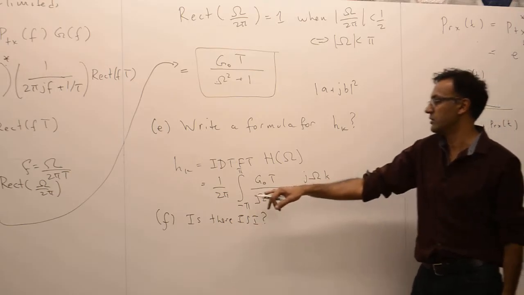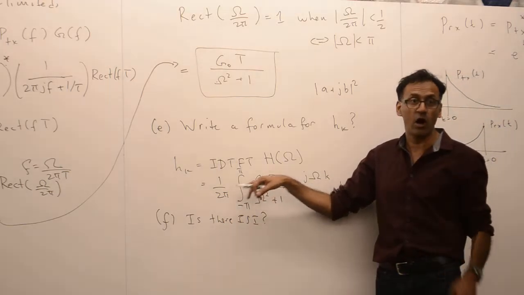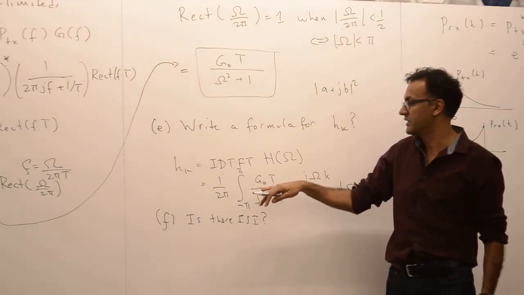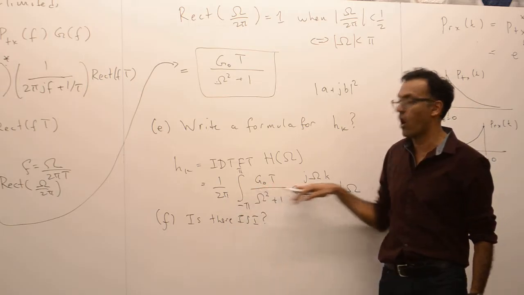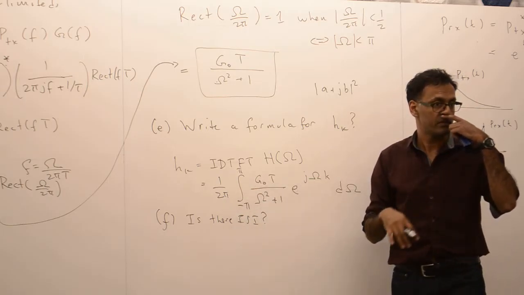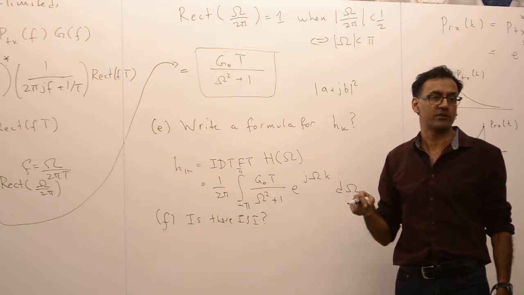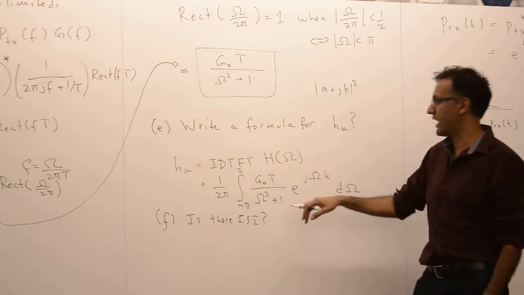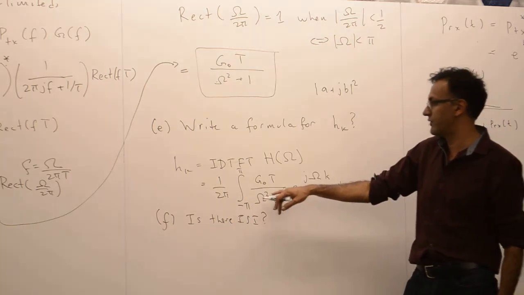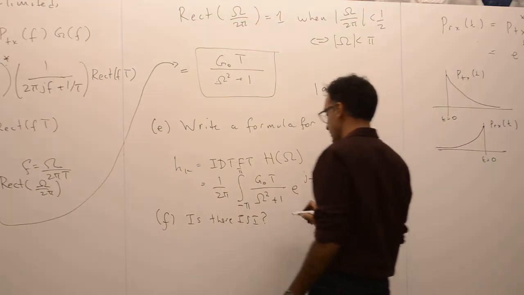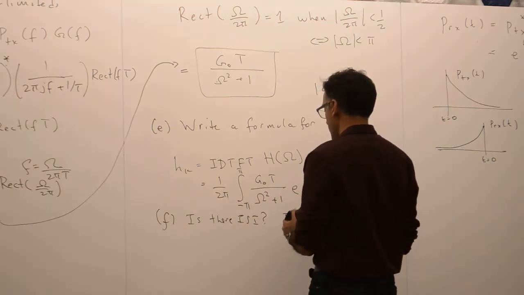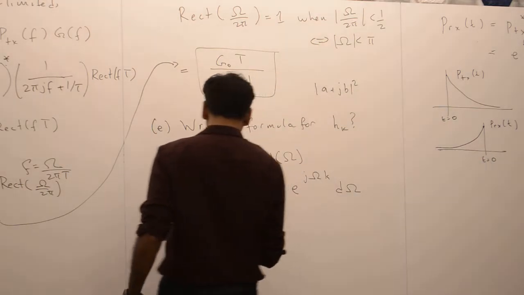But this clearly will, because the only way you don't get ISI is if this is a constant function. What does ISI stand for? Intersymbol interference.